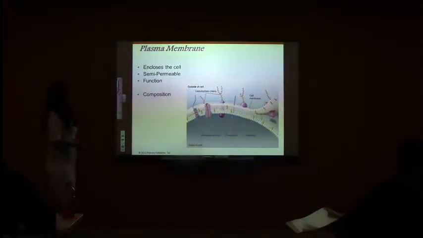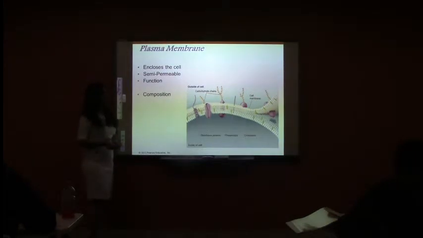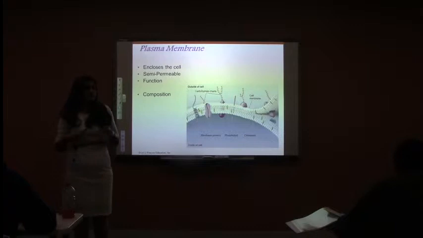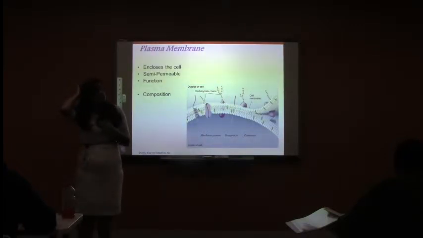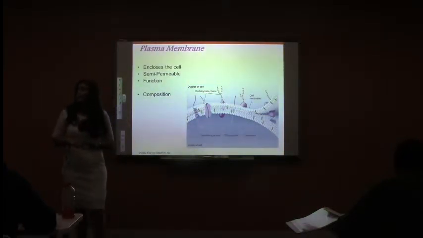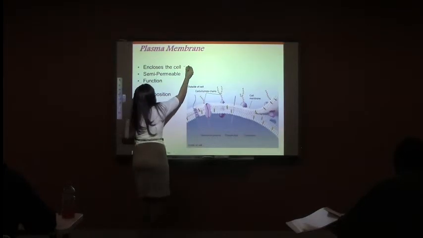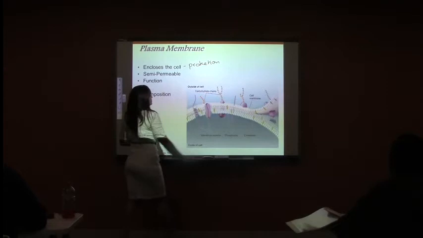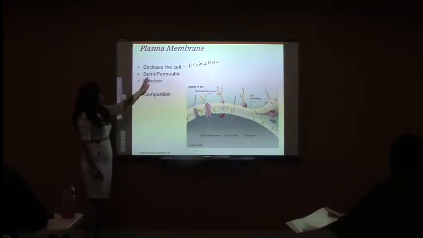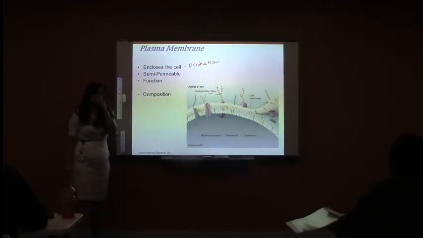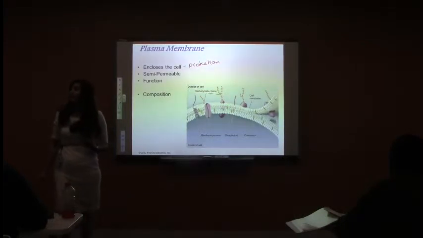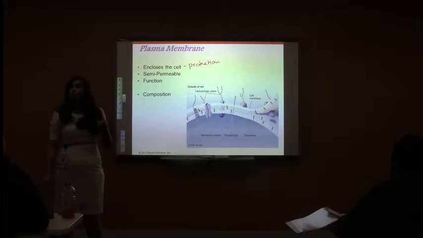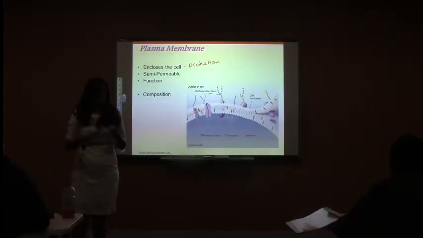Now let's talk about the plasma membrane. It encloses the cell. So if a plasma membrane encloses the cell, what do you think the function of the plasma membrane is? Protection. Good. Okay. It's semi-permeable. What does it mean that the plasma membrane is semi-permeable? It's specific to what it allows in and out.